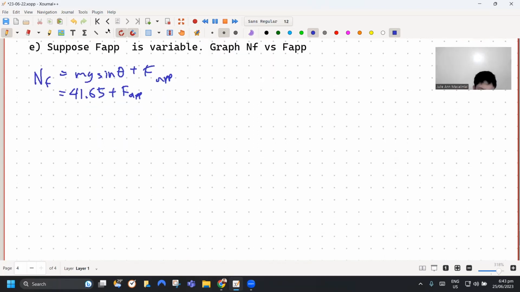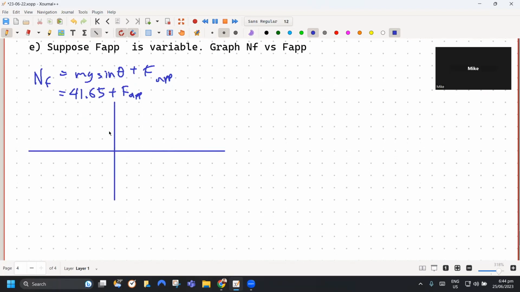So it's just a linear graph. Straightforward. Mag-line. Line. I mean, for instance, was 21.5 siya.